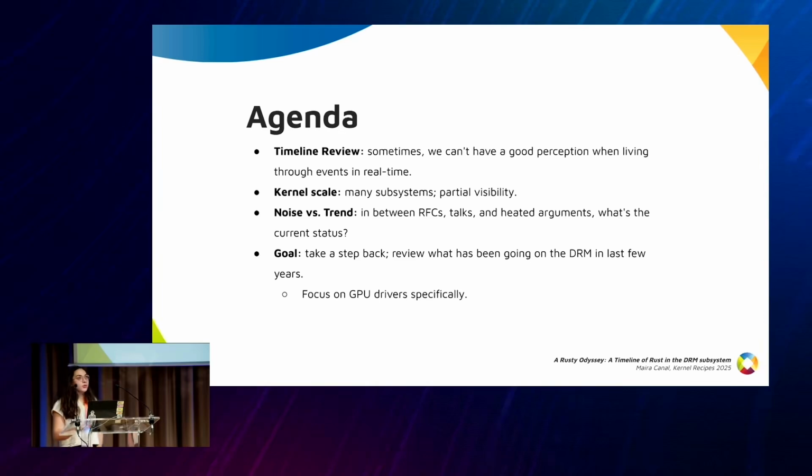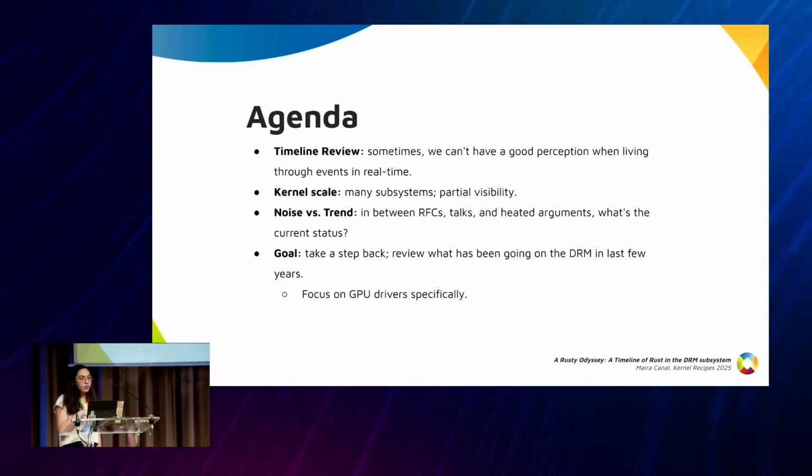I think it's okay not to be completely updated on what's going on in the DRM subsystem. And even if you are updated, sometimes it's really hard to tell noise from trend, because sometimes you only hear about a very heated discussion that happened on the mailing list about Rust, or you saw in a blog post some maintainers arguing, this sort of stuff. But today I decided to take a step back and try to review what has been going on in the DRM subsystem in the last few years.